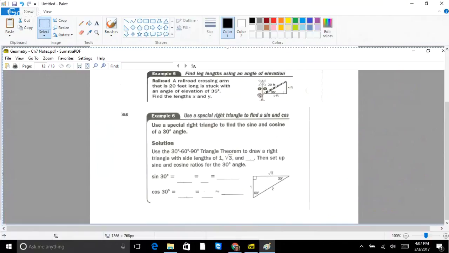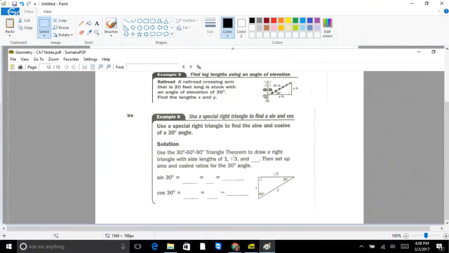And the middle side is times the radical of 3. So basically, they've drawn a 30, 60, 90 triangle right here, a basic triangle. And so a 30, 60, 90 triangle will have the side lengths of 1, and then the middle side will be square root of 3, and the hypotenuse will be 2 times 1, which is 2.